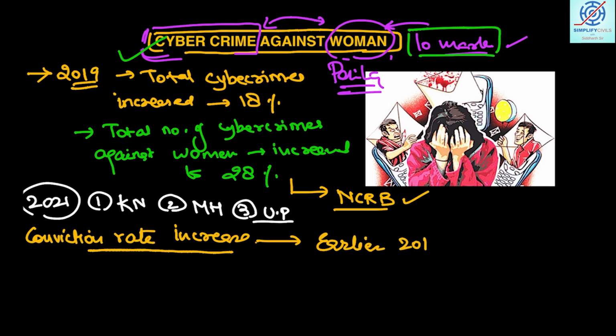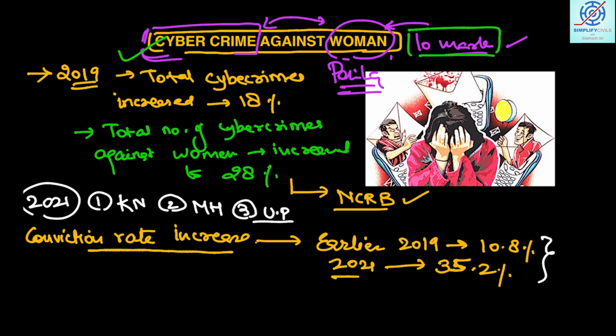In 2019, it used to be approximately 10.8%. However, in 2021, it increased to 35.2%.